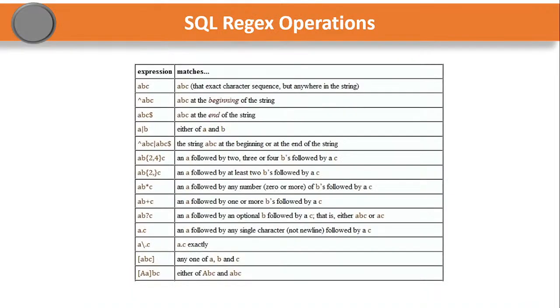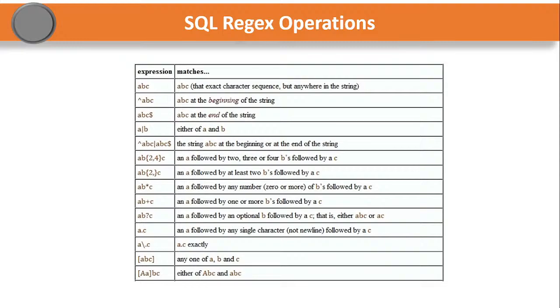Let us now discuss some SQL regex operations and see how they exactly work. You can also take a snapshot of this so that it can be handy in future. For example, if I have an expression stating ABC, that means the query is searching for the exact character sequence ABC, in proper sequence, but it can be in any position of the string.